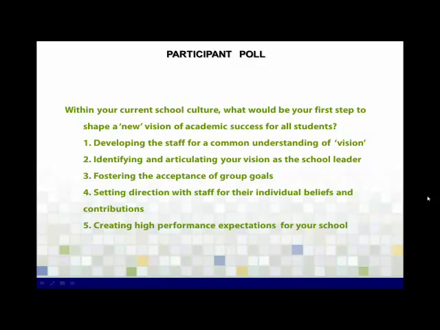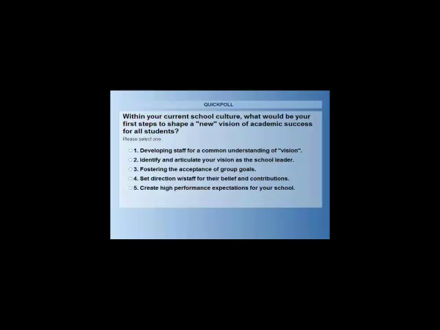There are 5 possible answers, so reflect on them for a second. Developing the staff for a common understanding of vision, identifying and articulating your vision as the school leader, fostering the acceptance of group goals, setting direction with staff for their individual beliefs and contributions, or creating high-performance expectations for your school. We're going to go ahead and launch the poll. You'll see it right there in front of you.